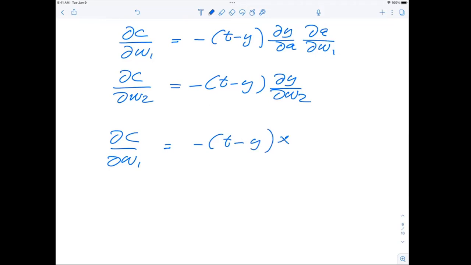It's not a multiplication sign, but it's just multiplied with x and multiplied with W2 here. And then I have a dC/dW2 here, which is now given by simply the following expression. Minus (t minus y) times W1 times x. So these are the expressions which we would have to encode.